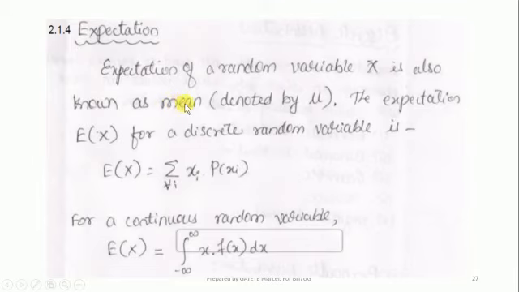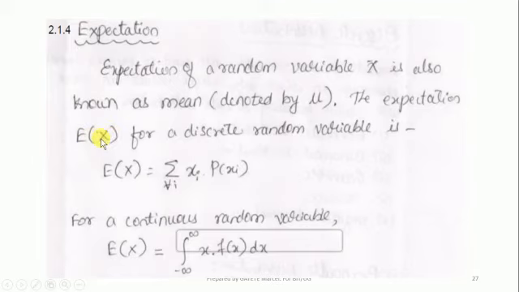So we call it expectation or mean. We are going to denote it using this notation. This notation is going to mean the expectation or the mean of a range of values. The expectation can be denoted like this one or this one, but here we are going to use this notation.